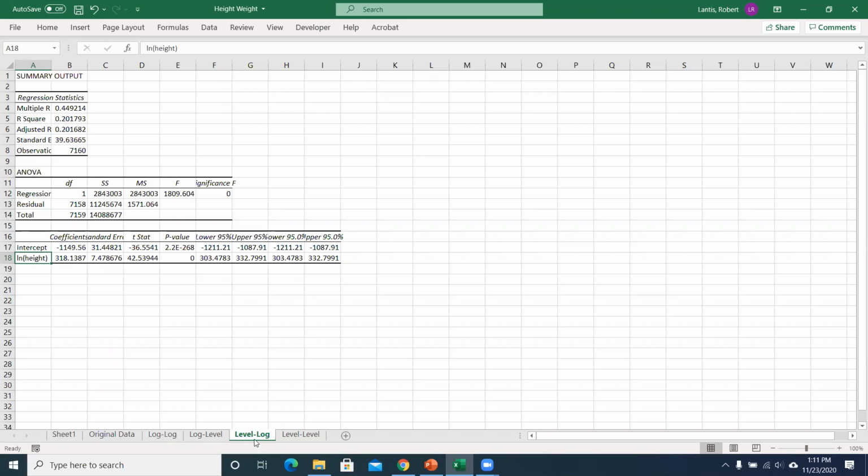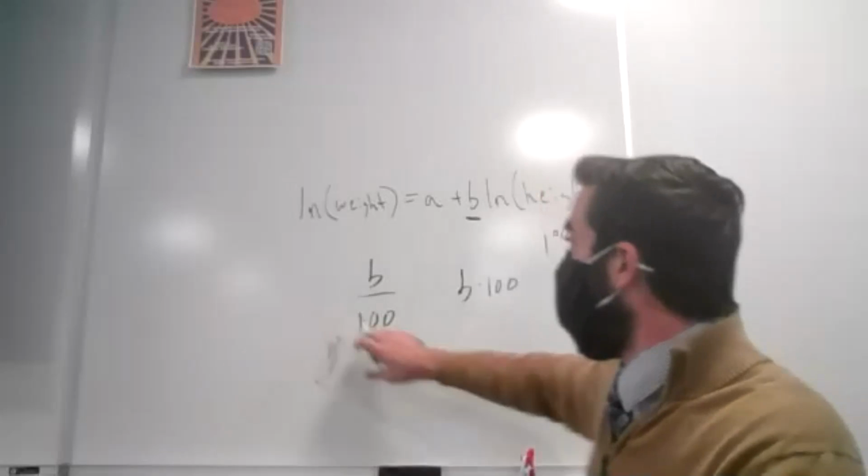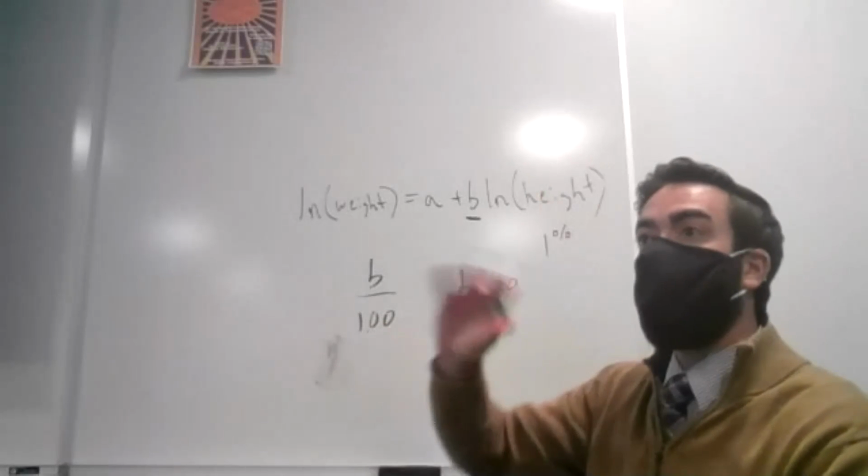And because I didn't take the natural log of Y, that is 318 units. If Y is weight, and someone's 1% taller, they would be predicted to be 318 pounds heavier. It doesn't even make sense. So this is probably the one where I need to divide that slope coefficient by 100 when I have one of these level-log models.